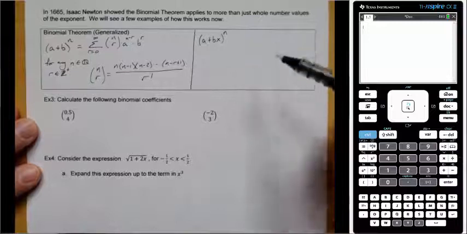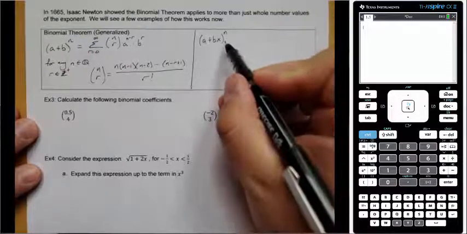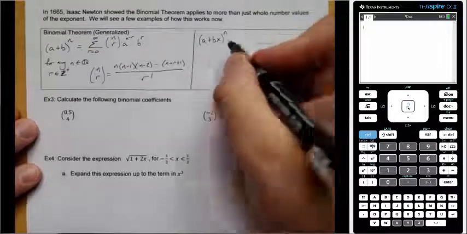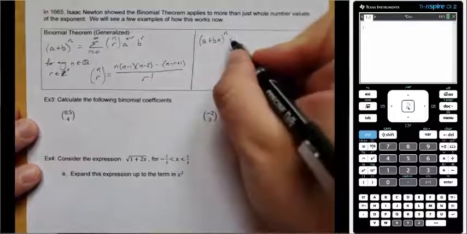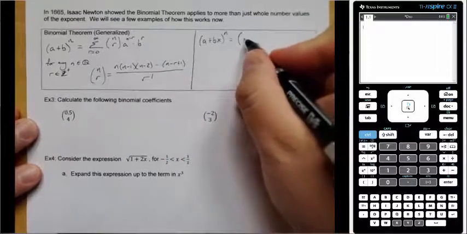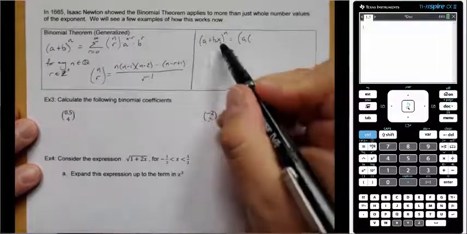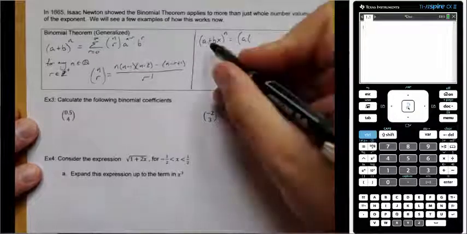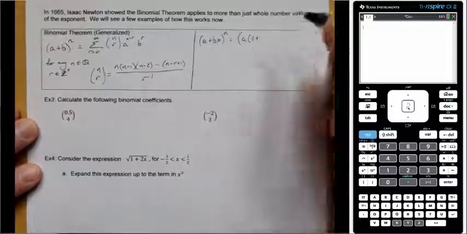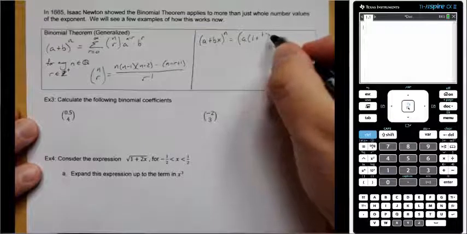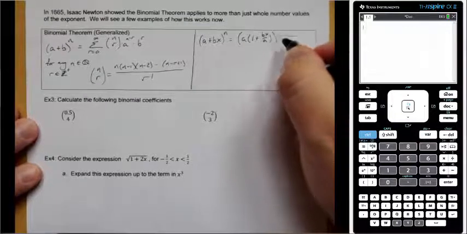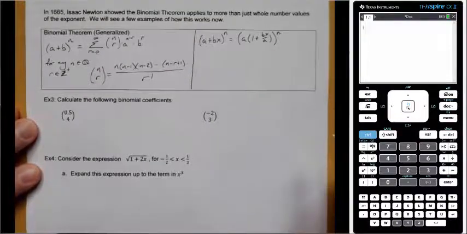You can rewrite this expression by factoring an a out of both terms, as a times 1 plus bx over a, and all this is to the n power.